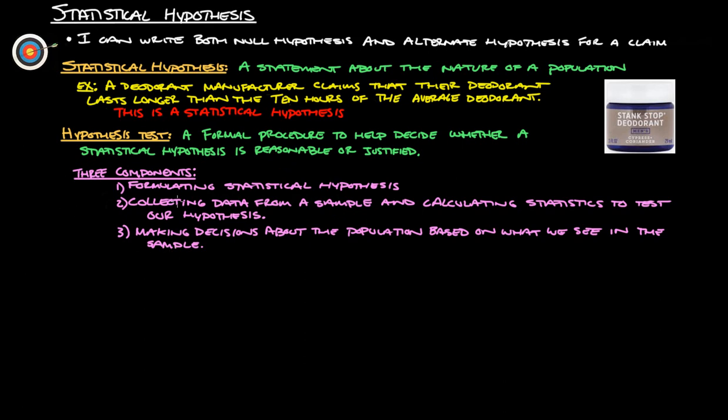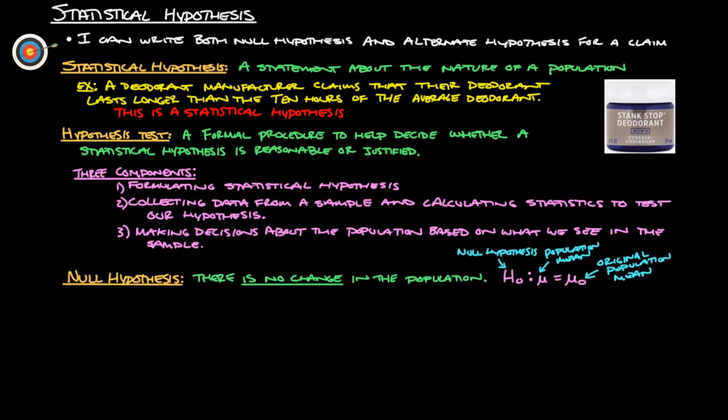The three components are: formulating a statistical hypothesis, collecting data from a sample and calculating statistics to test our hypothesis, and then making decisions about the population based on what we see in the sample. There are several ways that we're going to test this in the upcoming sections, not in this section.